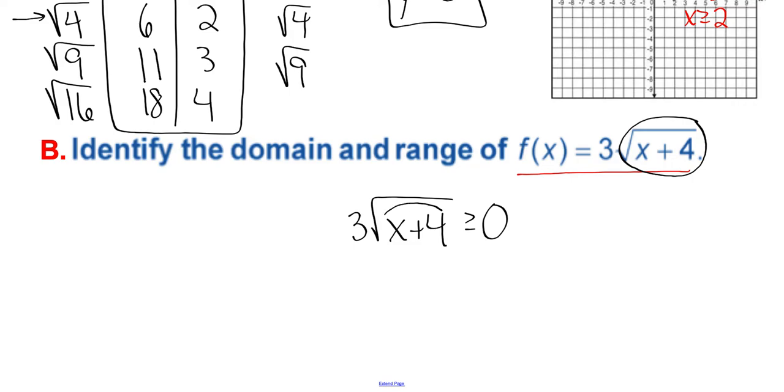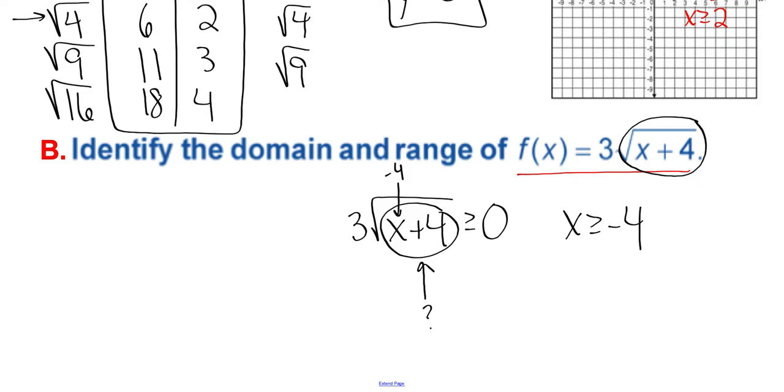Okay, look here. What numbers can I plug in here to get a 0? You should be thinking -4. If I plug in a -4 right there, -4 plus 4 is going to get me a 0. So x has got to be greater than or equal to -4. Now let's think about that.